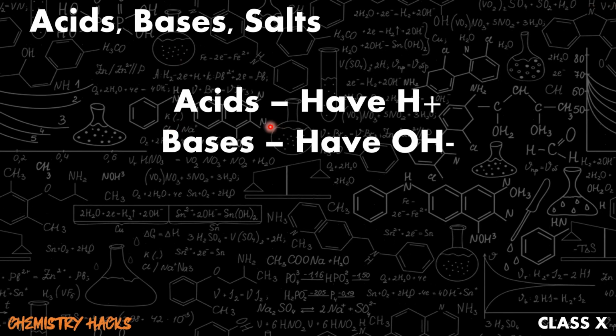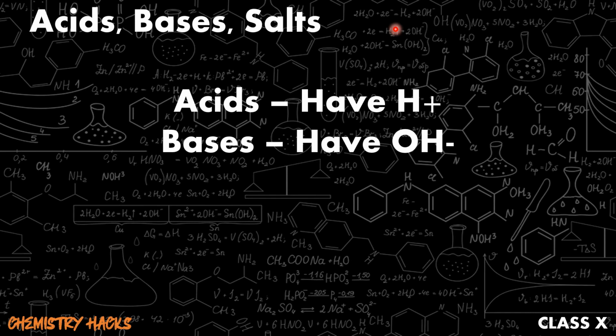An easy way to remember acids and bases are that acids always have some sort of hydrogen compound and bases have a hydroxide compound. So if you look at any acid, whether it be sulfuric acid, nitric acid, methanoic acid, hydrochloric acid, they all have hydrogen ions. In fact, an acid has hydrogen. That's what makes it acidic.